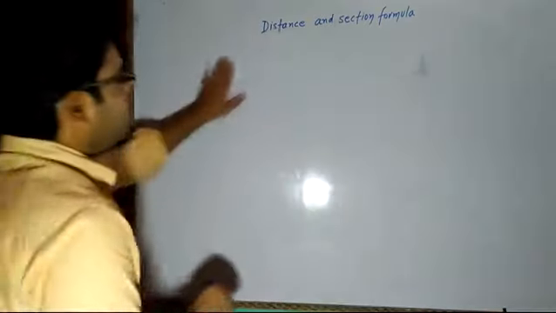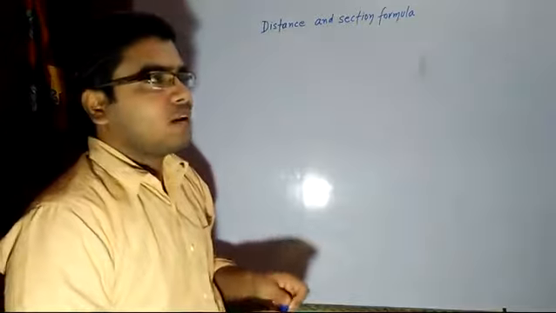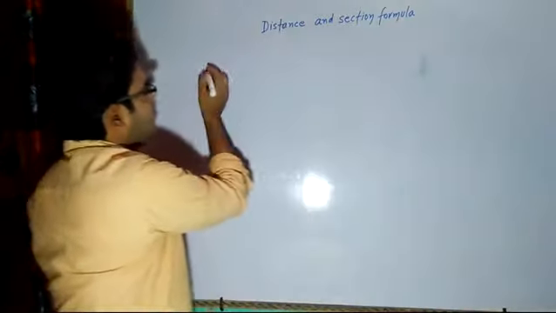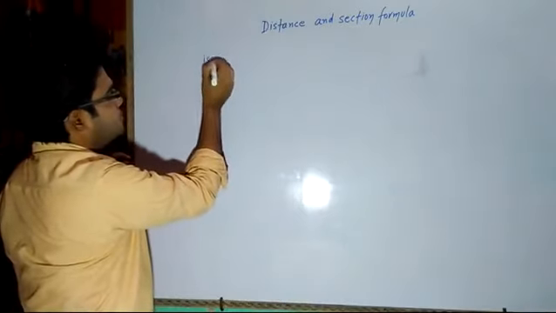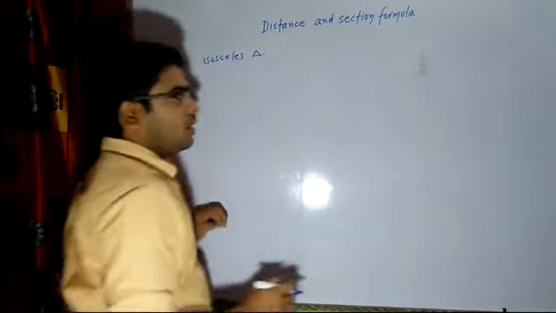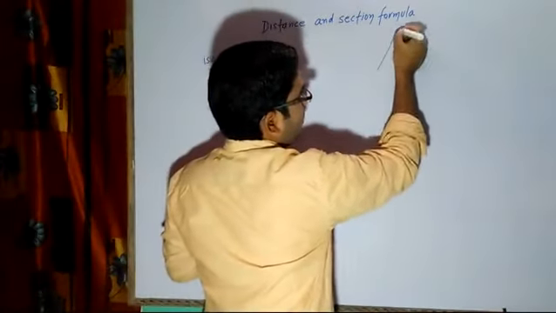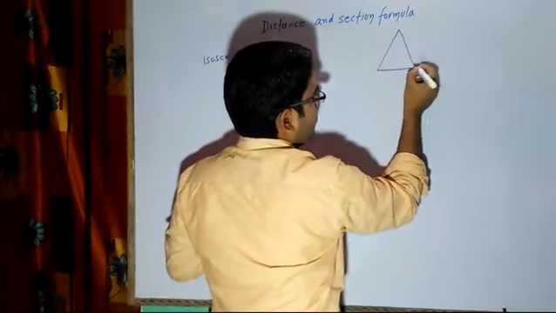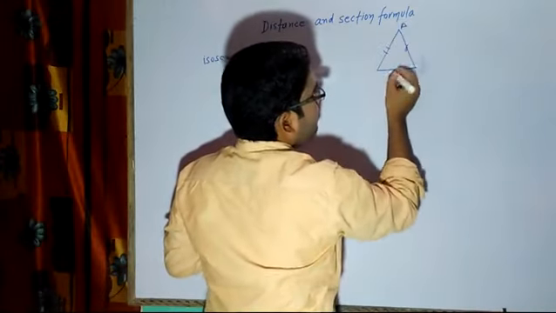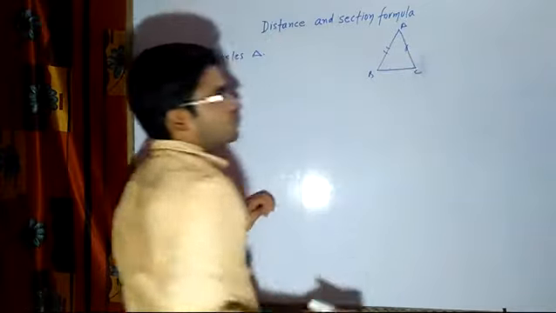In this chapter, mostly we have proving parts and calculation of lengths of sides. Suppose I have an isosceles triangle, and all of us know that in an isosceles triangle any two sides will be equal. Suppose I have A, B, C as an isosceles triangle.